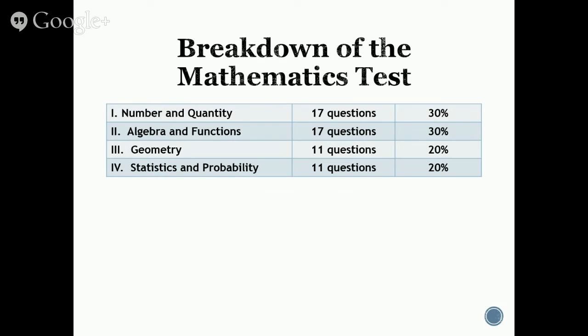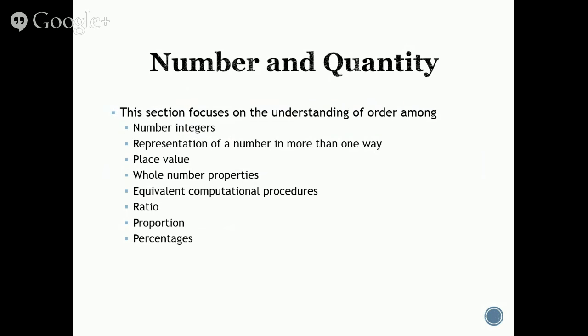You'll notice 30% of your test is for each of the first 2 sections, and then the last 2 sections, geometry and statistics and probability, are each worth 20% of the test. Now, it's not going to be broken into sections just like the reading. You're going to have all your math mixed together. So let's look at each section and what kind of topics could appear in those sections.